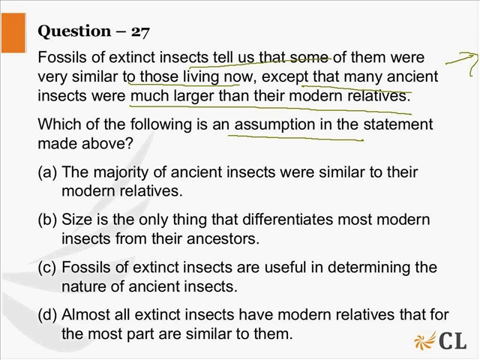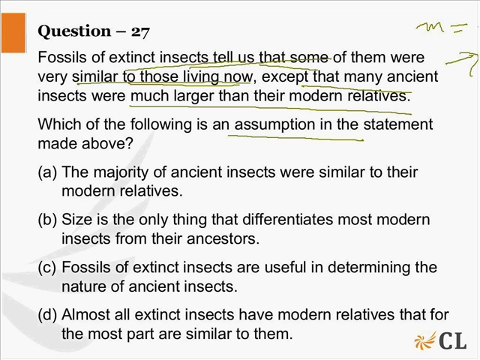Now if you look at this option of question number 27, we are talking about an assumption. What is the conclusion here? Fossils of extinct insects tell us that some of them were very similar to those living now. So the author is saying that the fossils of extinct insects are telling us there was a similarity between the modern and the extinct ones, except that many ancient insects were much larger than their modern relatives.